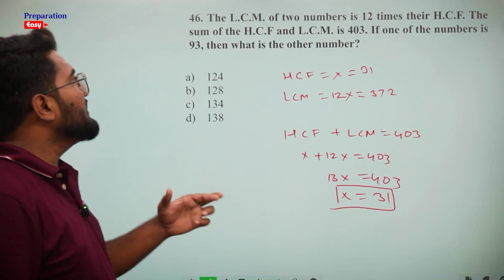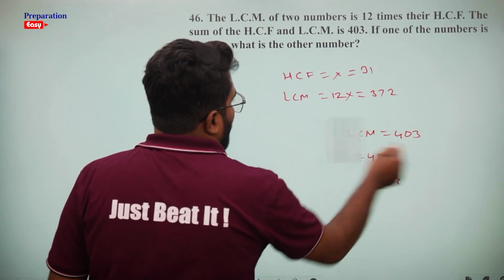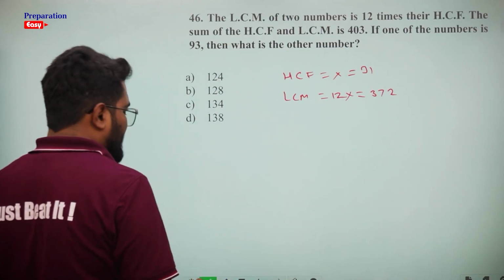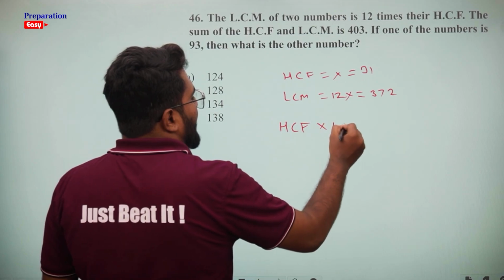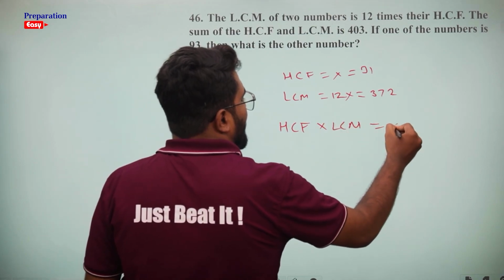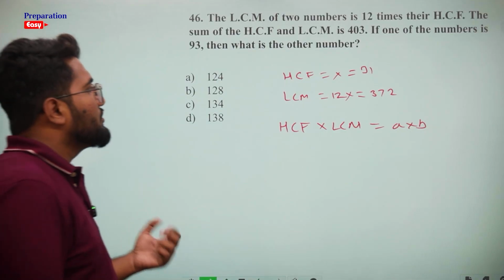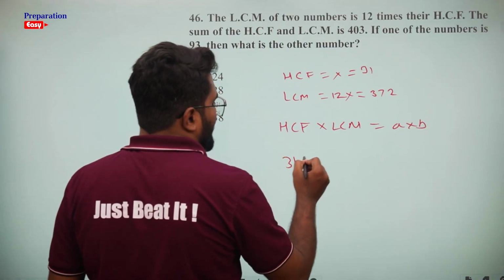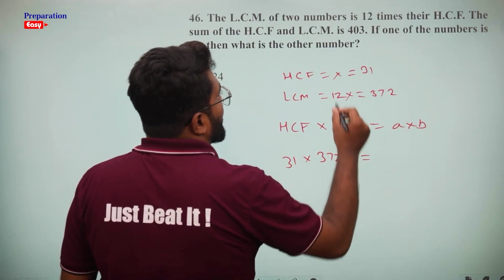If one number is 93, we are given that one number out of the two numbers is 93. We have the formula HCF multiplied by LCM equals A into B. A and B are the two numbers. So what is HCF? 31. LCM 372. What is A?